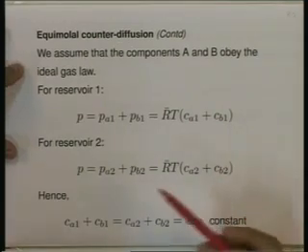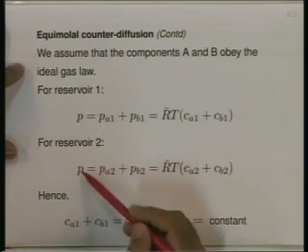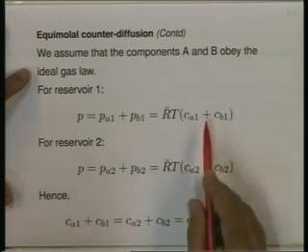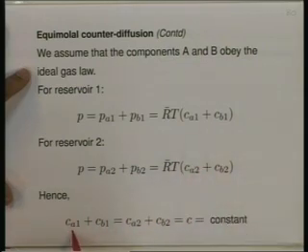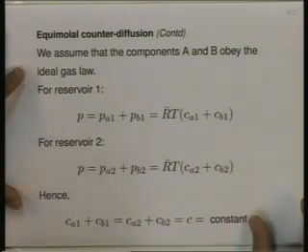Because we have assumed the same pressure in either reservoir, it turns out that Ca1 plus Cb1, the total molar density in reservoir 1, should equal Ca2 plus Cb2, the total molar density in reservoir 2, which is C, which should be a constant.